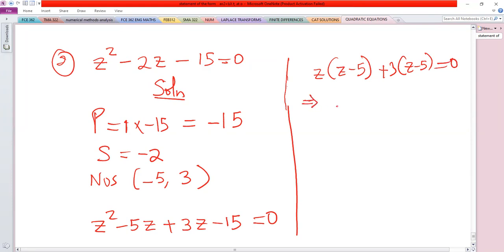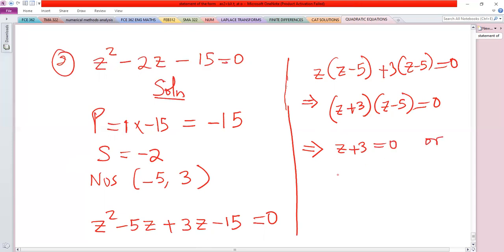So this means that z plus 3 multiplied by z minus 5 gives 0, which means from the zero product property of real numbers, z plus 3 equals to 0, or z minus 5 equals to 0. So this means that z equals to minus 3 or z equals to 5 are the solutions to that given quadratic equation.